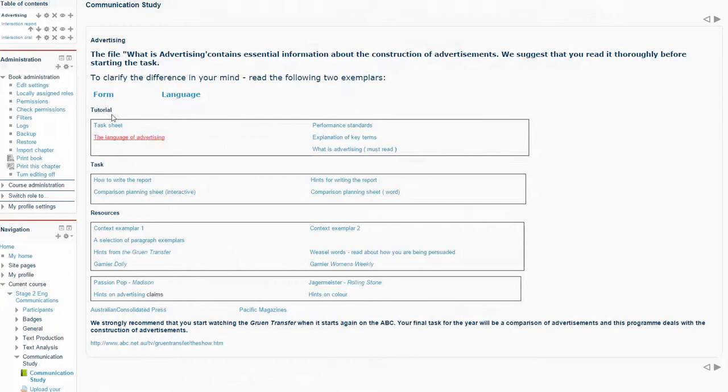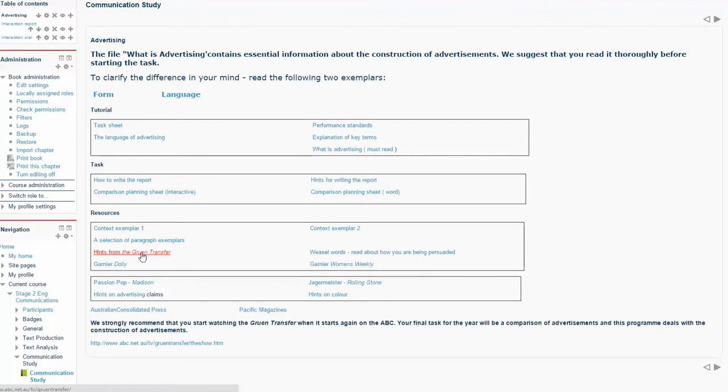Okay, so here on the main page you will see there are lots and lots of files to support you, and exemplars and hints and such like. There's mention down here of a program called the Gruen Transfer. The Gruen Transfer was the original program about advertising, and it's on the ABC, and it's coming back.